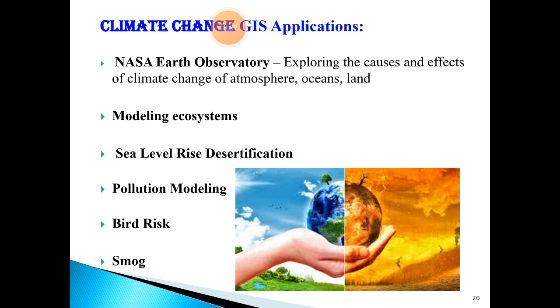The climate change of atmosphere, oceans, land is recorded using satellites of NASA Earth Observatory. The technology is also used to develop the models in ecosystem, to compensate the damages, to monitor the sea level rise, desertification of land, deforestation areas, mapping of pollution of types like air, noise, water, etc. Then to study the habitats of fauna like birds and vegetations through the time of climatic changes.